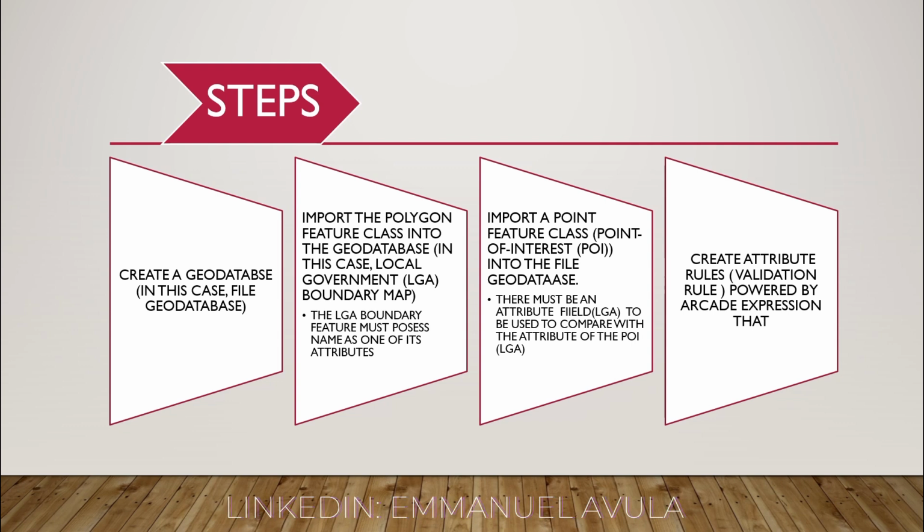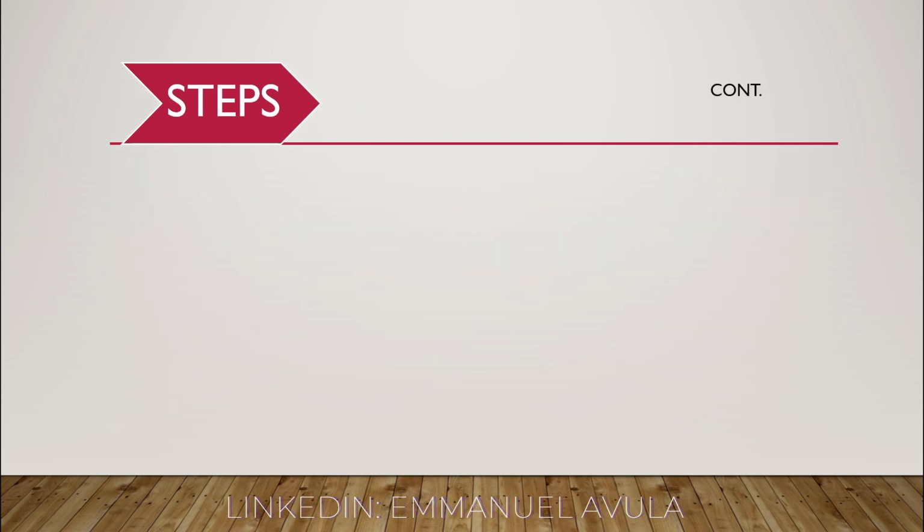Then we will create the validation rule. First of all, we are supposed to configure it to have a global ID, and then an editor tracker will also be enabled.